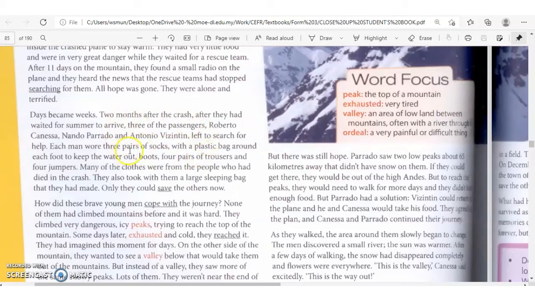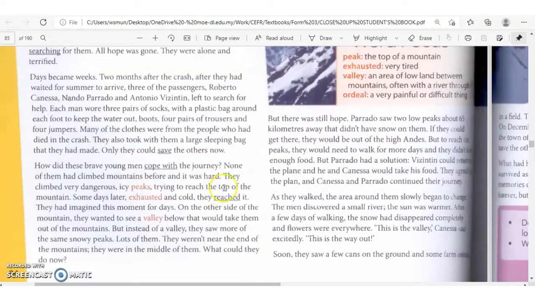So only here in the third paragraph do they send the 3 men, these 3 of the passengers, Roberto Canessa, Nando Parado, and Antonio Vicentin. They left to search for help. Here it also mentions what they bring for the search.